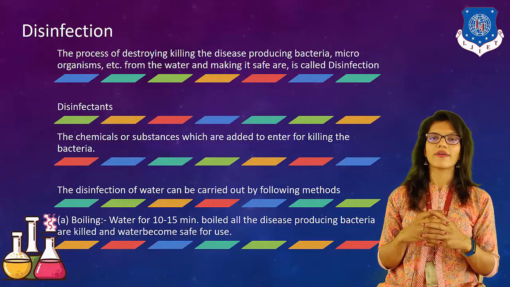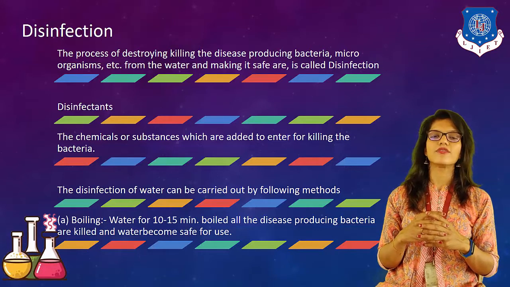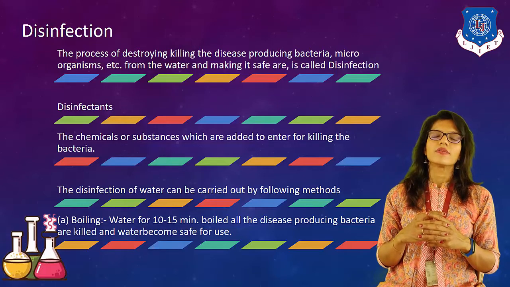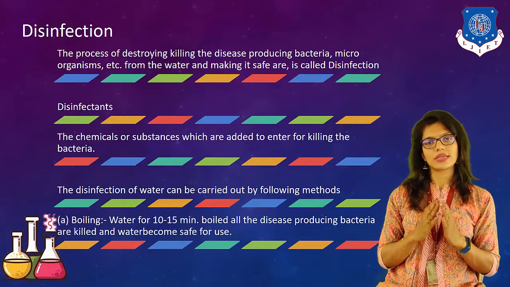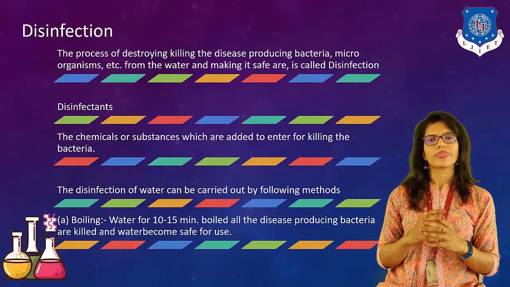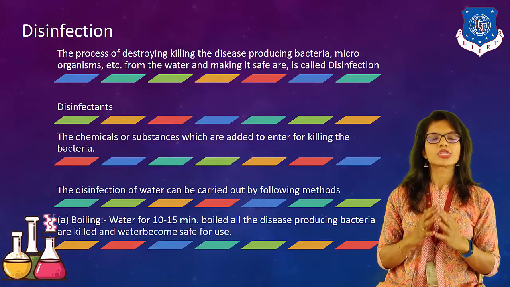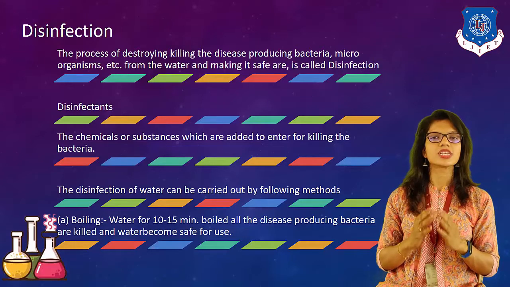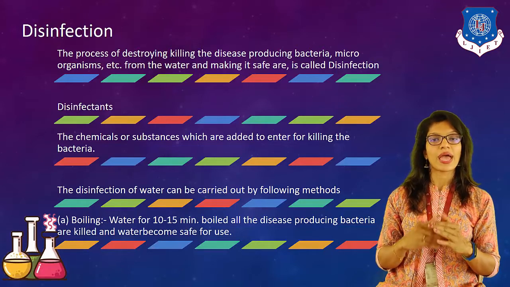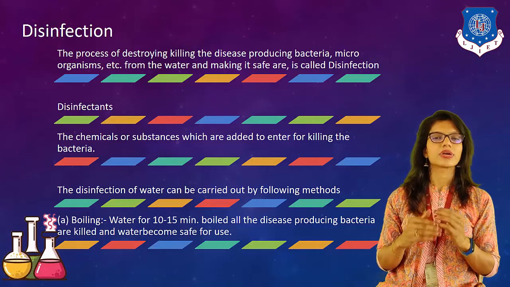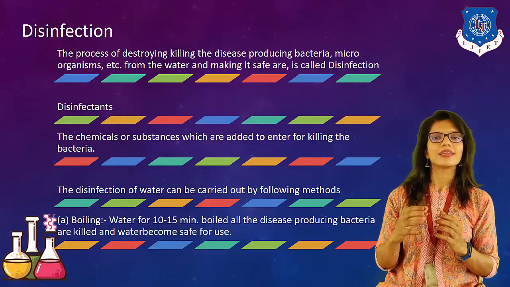Next we will have a topic which is disinfection. We will take a look at disinfection and at what disinfectants are. The process of destroying or killing the disease producing bacteria and microorganisms from the water and making it safe is known as disinfection.